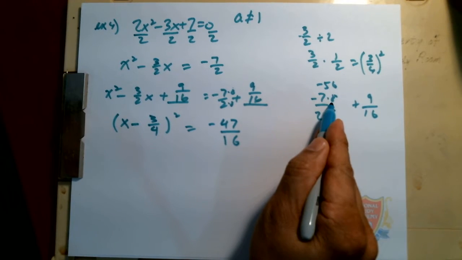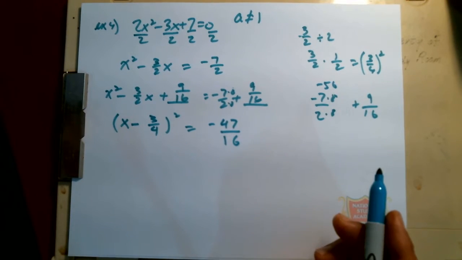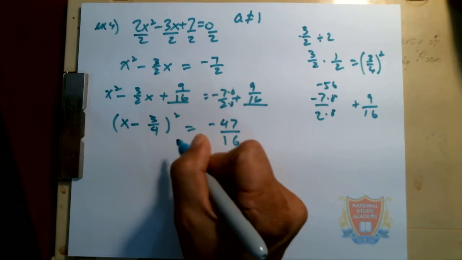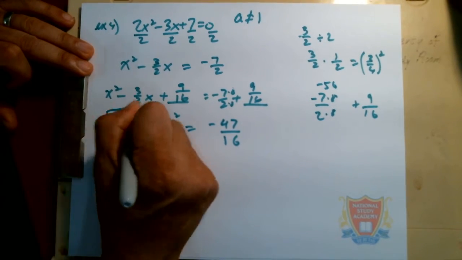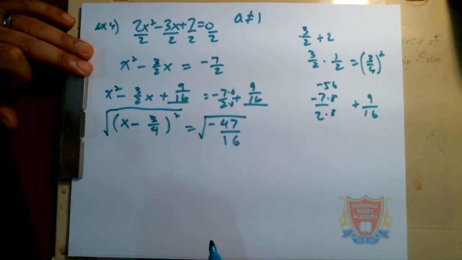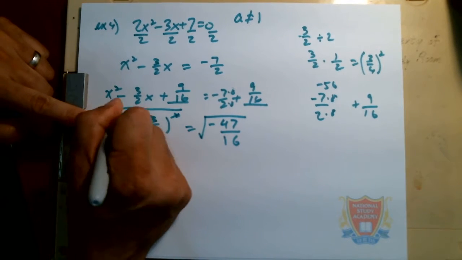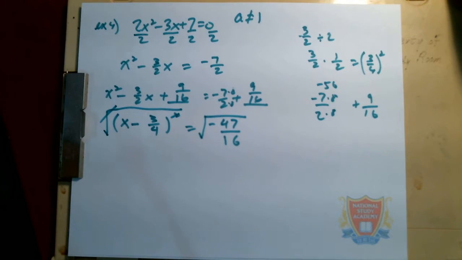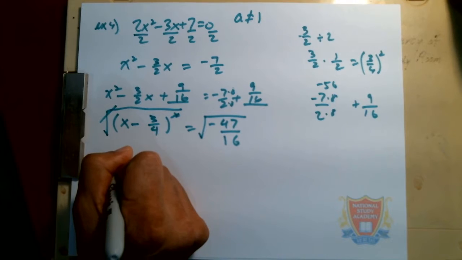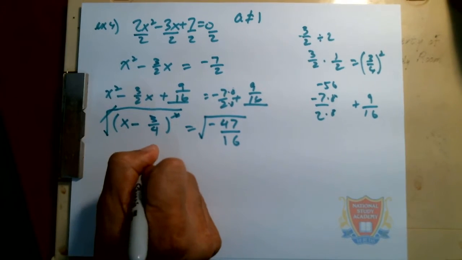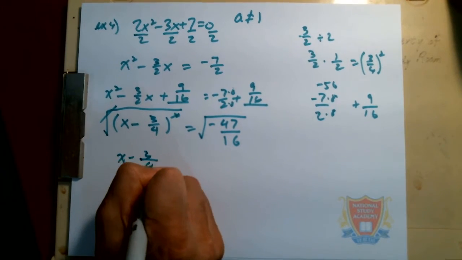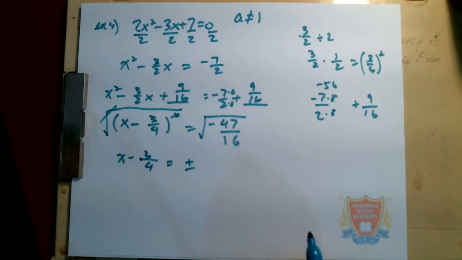Negative 56 plus 9. 7 times 8 is 56. And then what do we do? Square root both sides. On the left side, gets rid of that. Square and the square root, they're inverse operations. X minus 3/4 is equal to plus or minus.